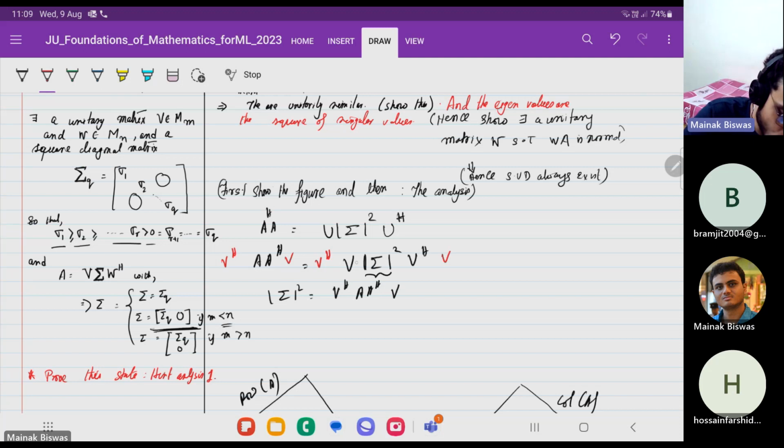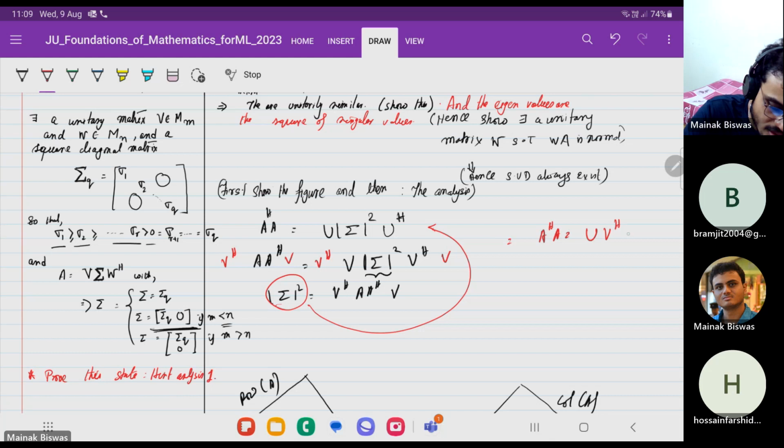So now you can put this value in the first equation. Do you agree? So what will I get? I will get A Hermitian A as U V Hermitian A A Hermitian U Hermitian V. Correct?